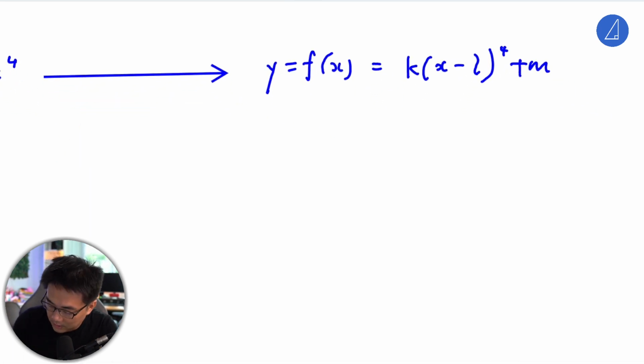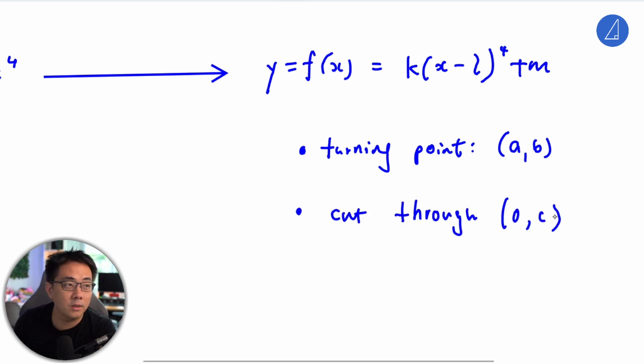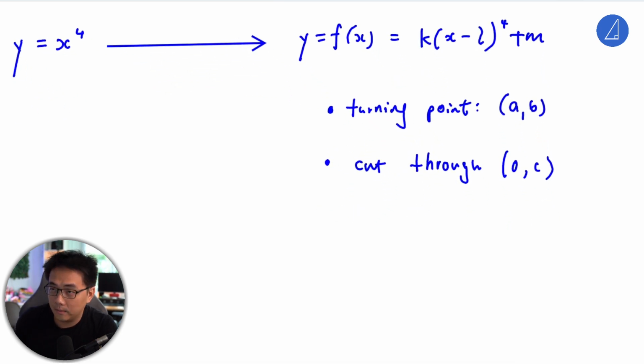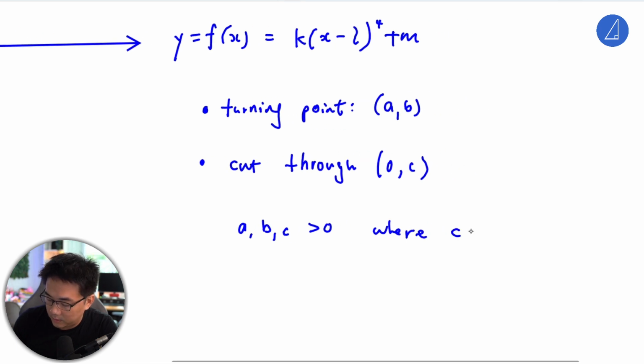We were told there's a turning point (a, b). Then it cuts through (0, c). We also told that a, b, c are positive, where c is bigger than b also. Okay, so that's what I'll get.